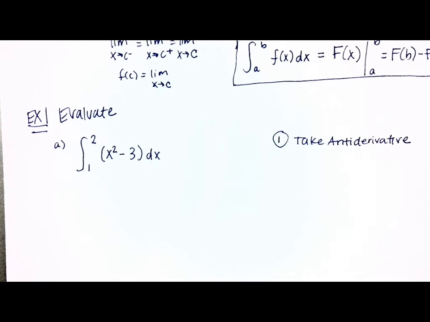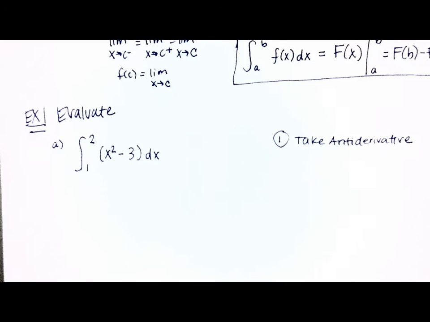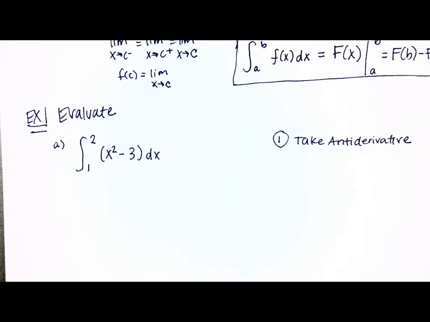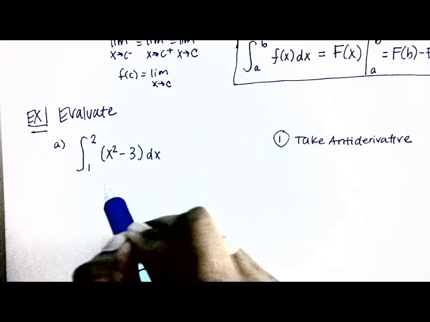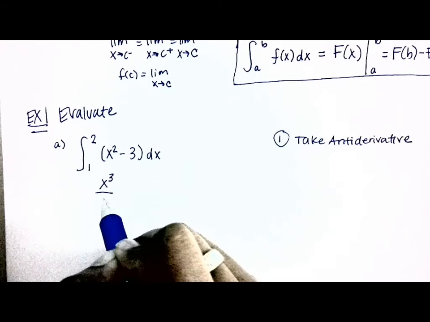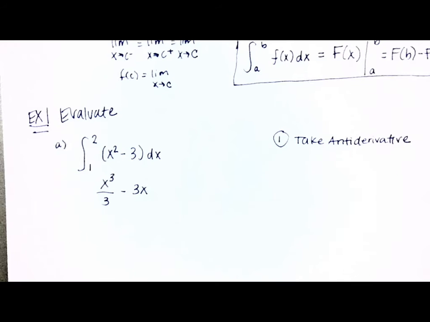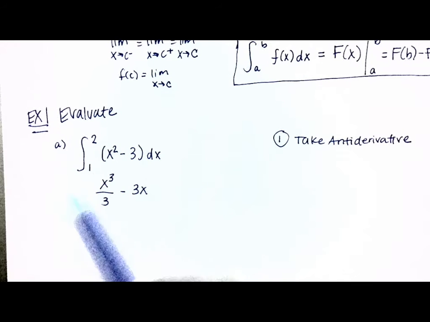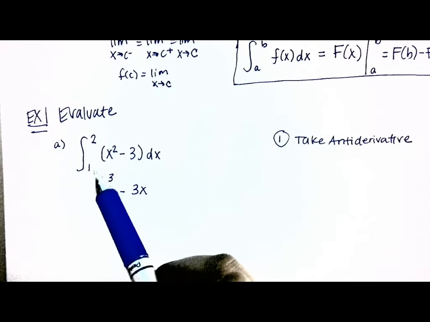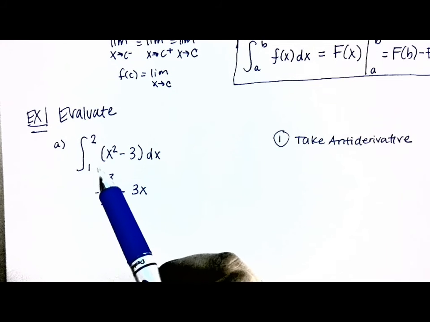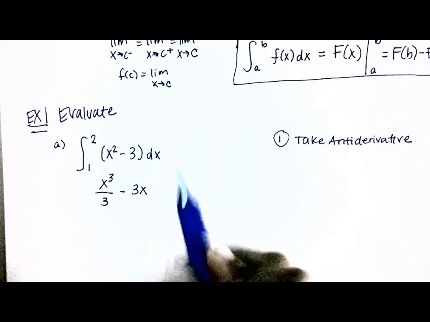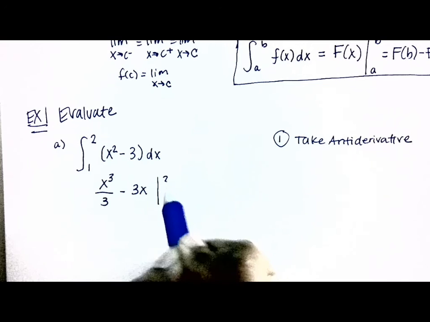Your antiderivatives were really great on the test besides the trig. You need to brush up on your trig. Alright, here we go. X cubed over 3 minus 3x. No C. No C because I have limits of integration now. You know what the end result's going to be. And I'm going to evaluate that from 1 to 2.